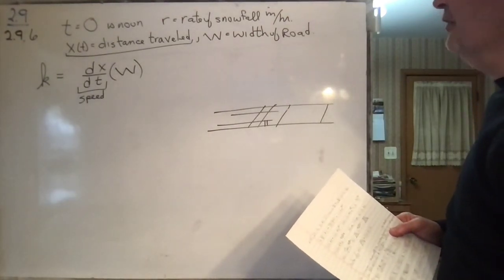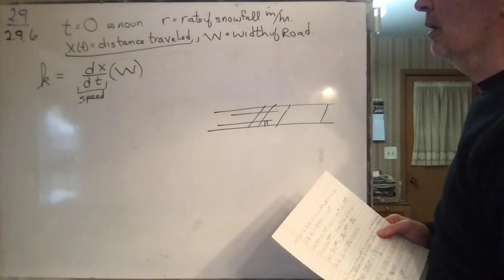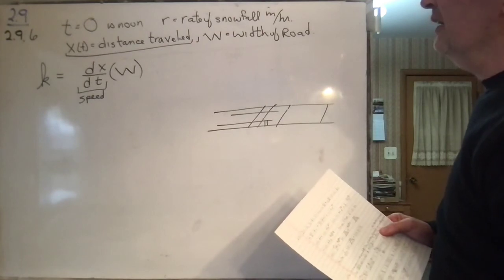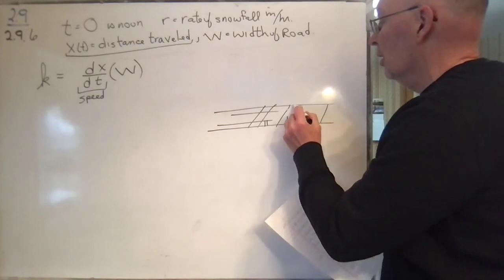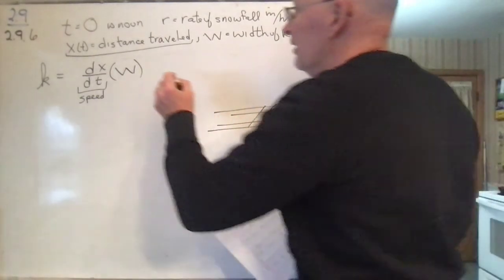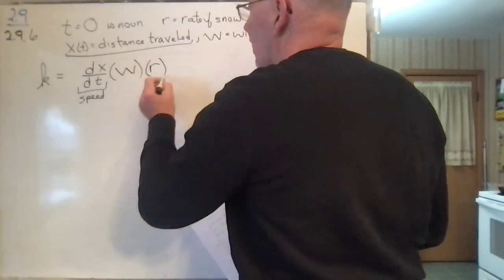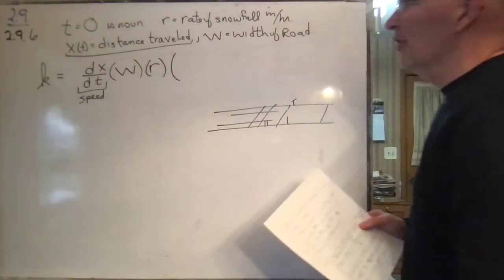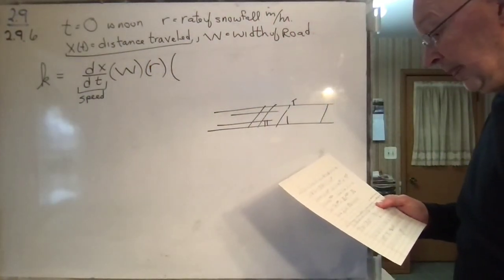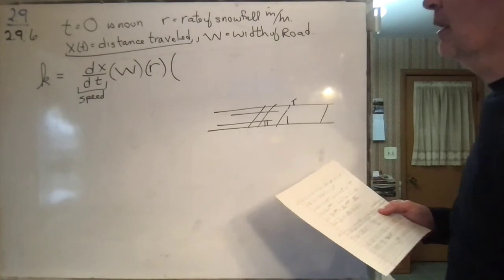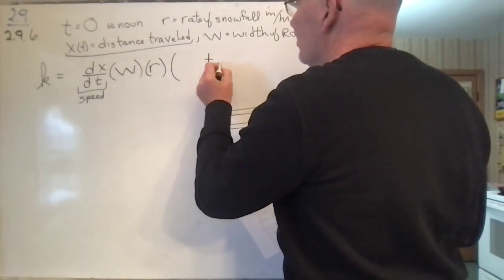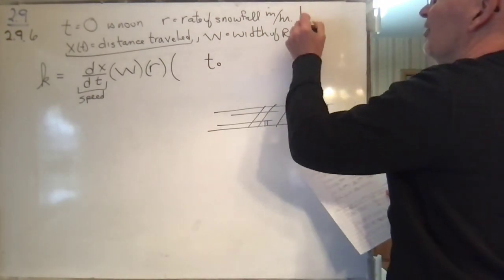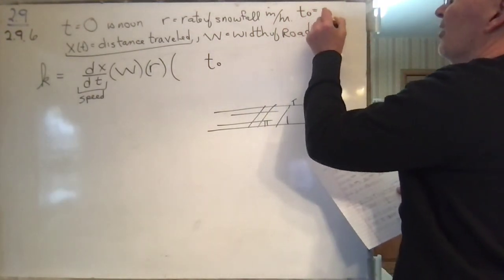And what's the height of the snow? Well, to get the height of the snow, you need the rate at which it's snowing times the amount of time that it snowed. So let T naught be when it started snowing.